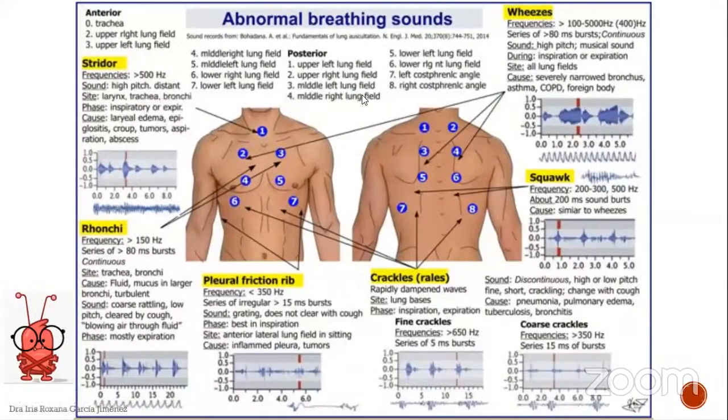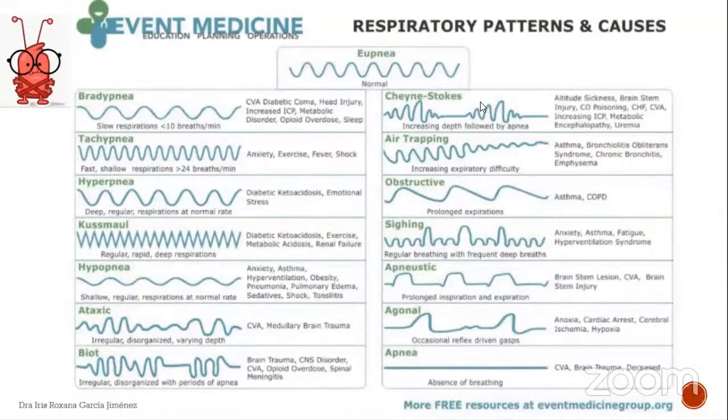Now, some abnormal breathing sounds with their characteristics and some causes that could lead to this situation. We have stridor, rhonchi, pleural friction rub, crackles, squawk, and wheezes. Read this extra information. It's very important because you have a list of some situations that could lead to this.